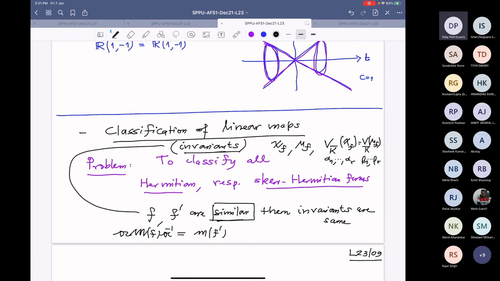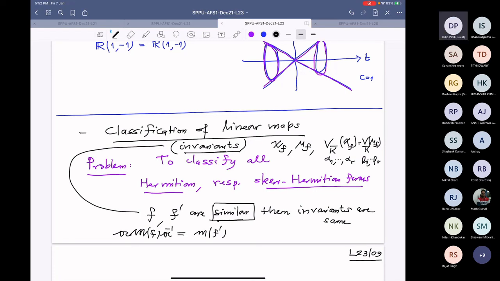All right, so I will stop, and today we have our exercise sessions, and in the next lecture I will try to indicate how you are going to classify forms, and for that I will need some invariants.